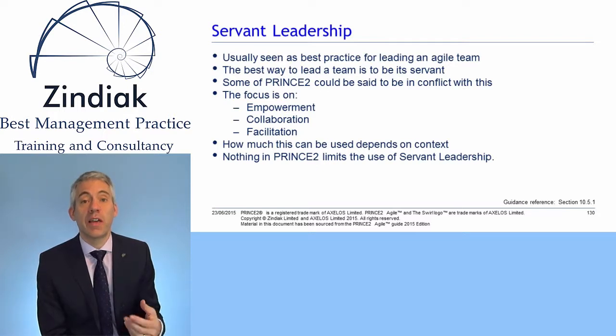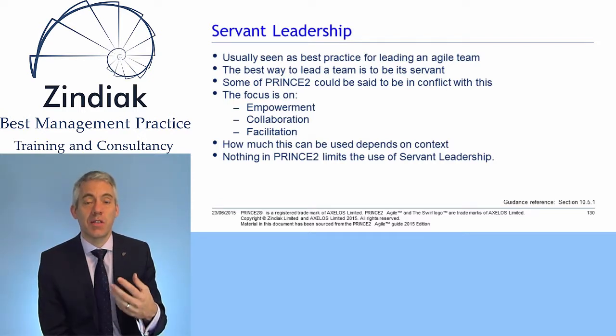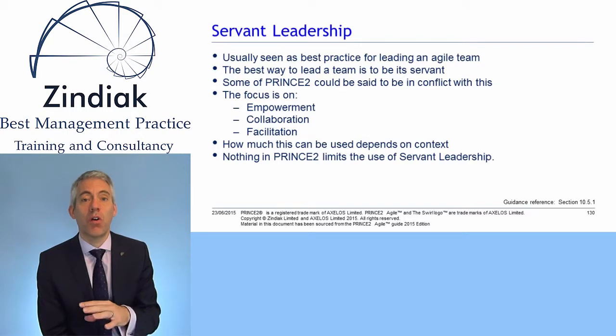The important thing is coming back to the 5 PRINCE2 Agile behaviours that we collaborate. So it's the collaboration that everyone on the wider project team collaborates for the good of the project.